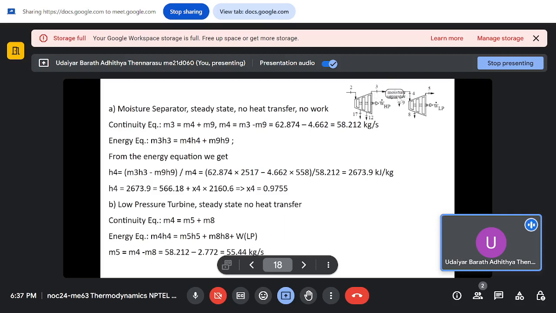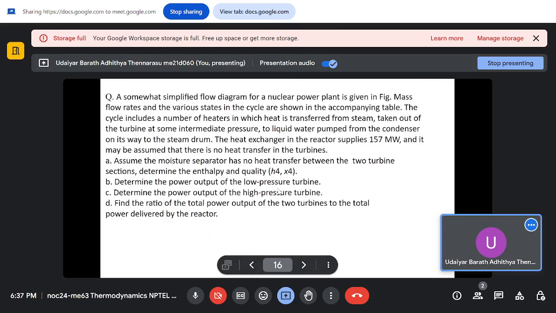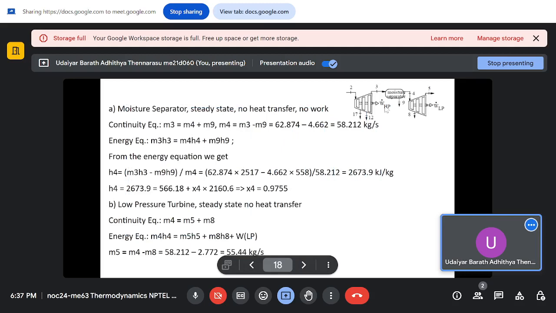There you are separating moisture, and at state 4 it enters your low pressure turbine, where you are bleeding it again at 8 and 5, and the exit is at 5. Initially, the first problem: we need to determine the enthalpy and quality at state 4, and we assume there is no heat transfer here.